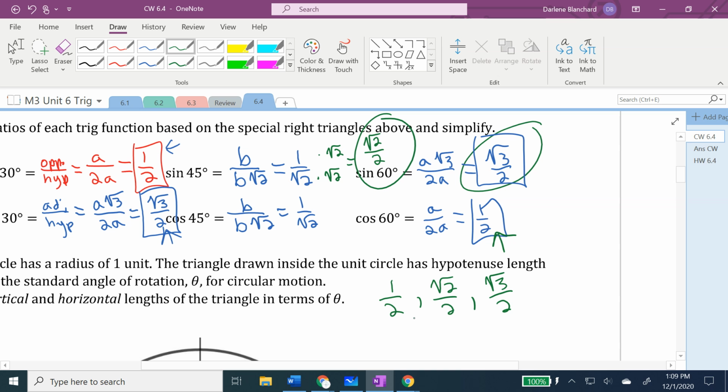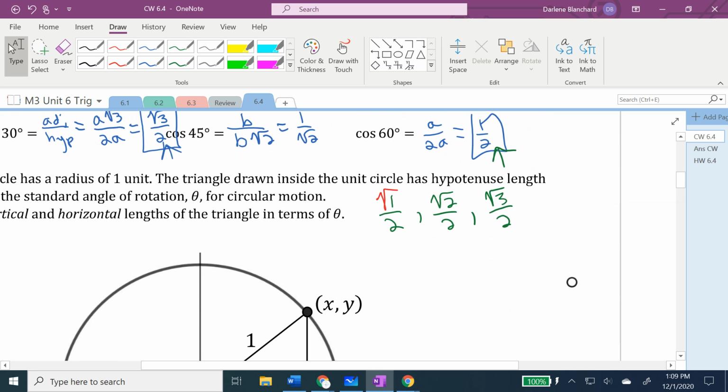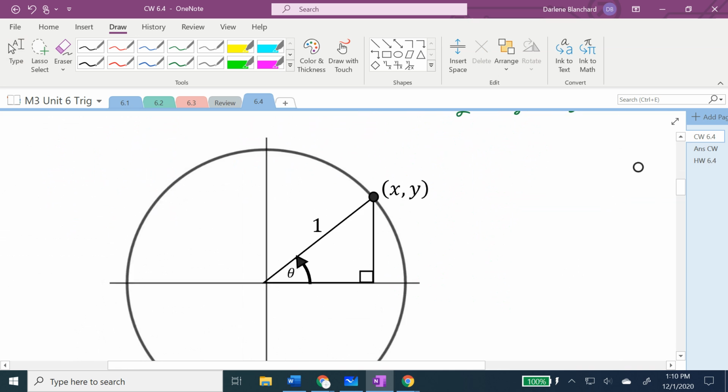And do you see how it's basically just like going 1, 2, 3? In fact, if you really wanted to, square root of 1 and 1 are the same thing. So it's the square root of 1, 2, 3 over 2. Now, we're going to come back to that.